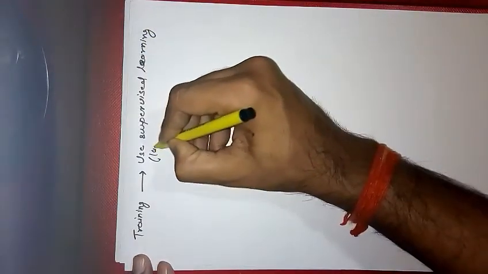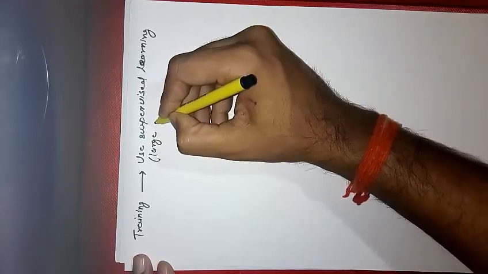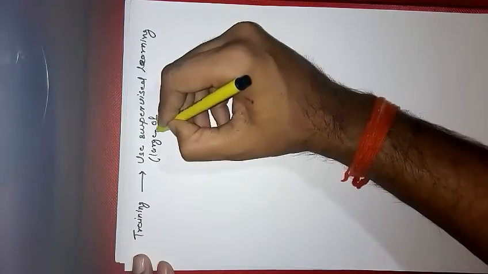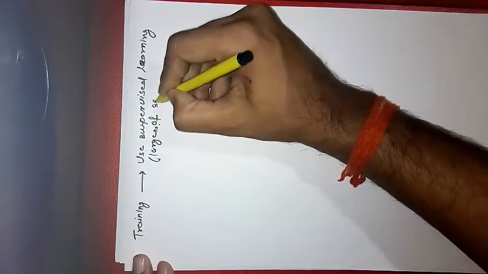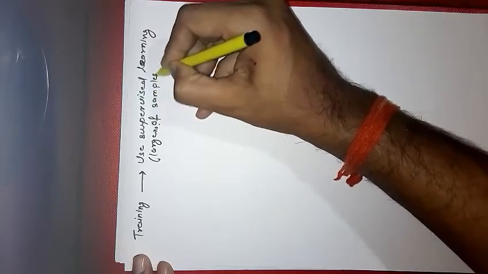And with the help of a large number of samples, actually we require a large number of feature vectors of two different classes to train the classifier with the help of supervised learning, like some samples for class C1 and some samples for class C2.